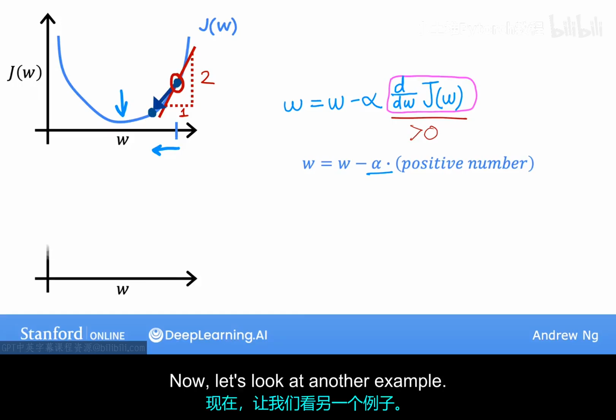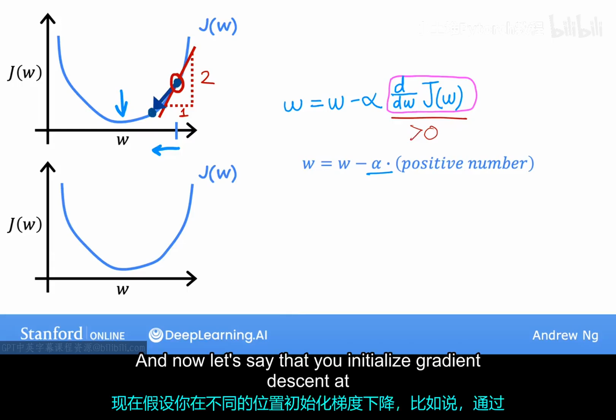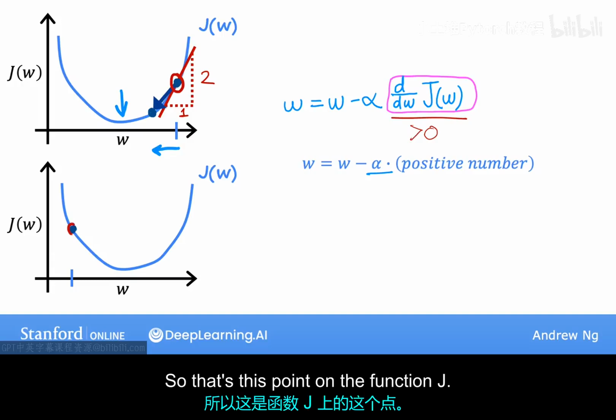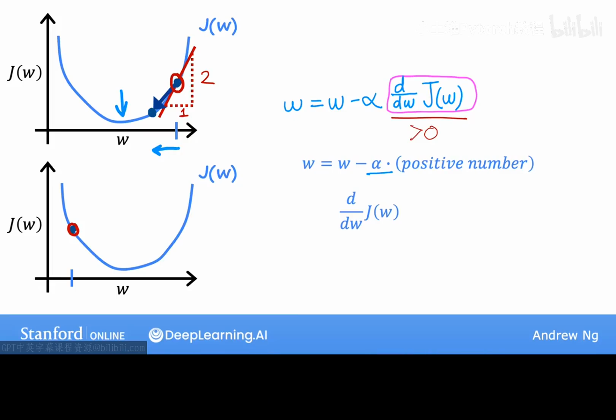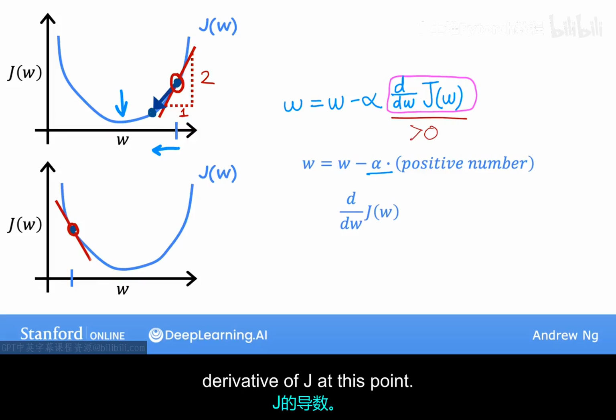Now, let's look at another example. Let's take the same function J of w as above, and now let's say that you initialize gradient descent at a different location. Say by choosing a starting value for w that's over here on the left. So that's this point on the function J. Now, the derivative term, remember, is d over dw of J of w. And when we look at the tangent line at this point over here, the slope of this line is the derivative of J at this point.